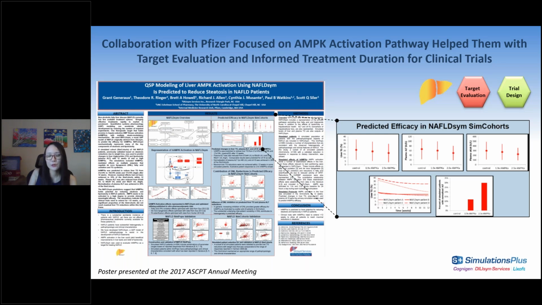Simulations also showed that in a subset of patients, the maximal liver fat reduction was not achieved during the 12 weeks of treatment. This provides information guiding clinical trial design, suggesting that the trial has to extend beyond 12 weeks to achieve maximum steatosis reduction effects in NAFLD and NASH patients.